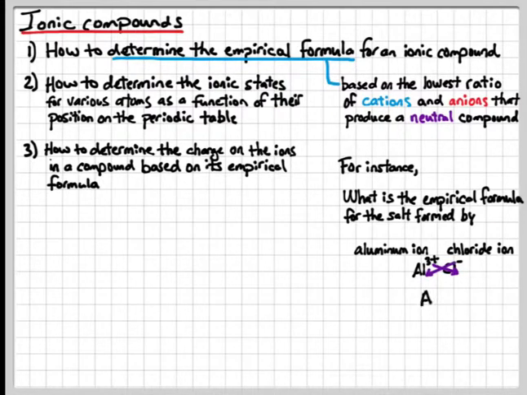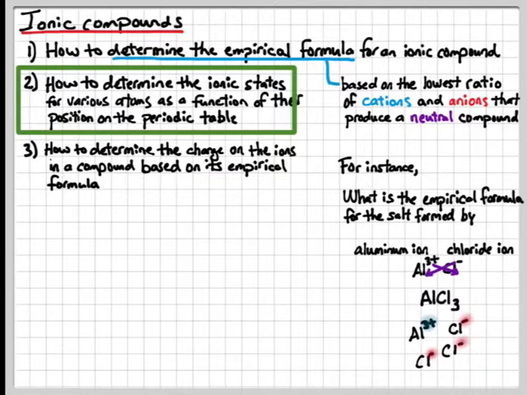So there is going to be an empirical formula of 1 aluminum ion to 3 chloride ions, AlCl3. And of course that means that for every 1 Al3+ in our lattice, there are 3 chloride ions to balance to give a neutral compound.